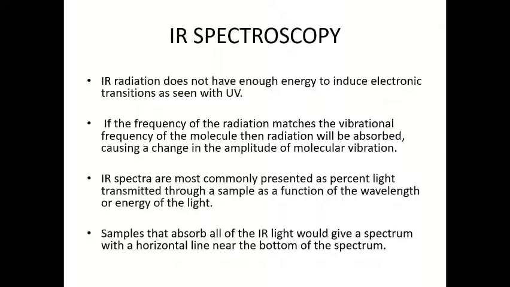Then the IR spectra are most commonly presented as percent light transmitted through a sample as a function of the wavelength or the energy of the light. Samples that absorb all the IR light will give a spectrum with a horizontal line near the bottom of the spectrum.